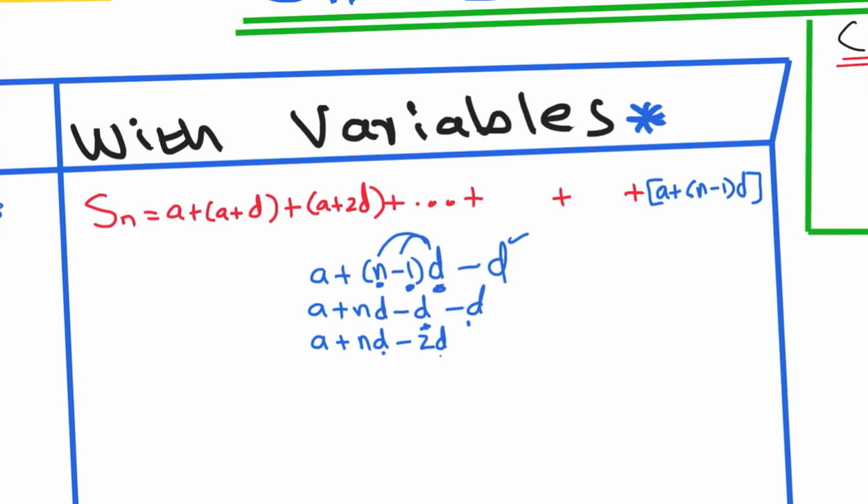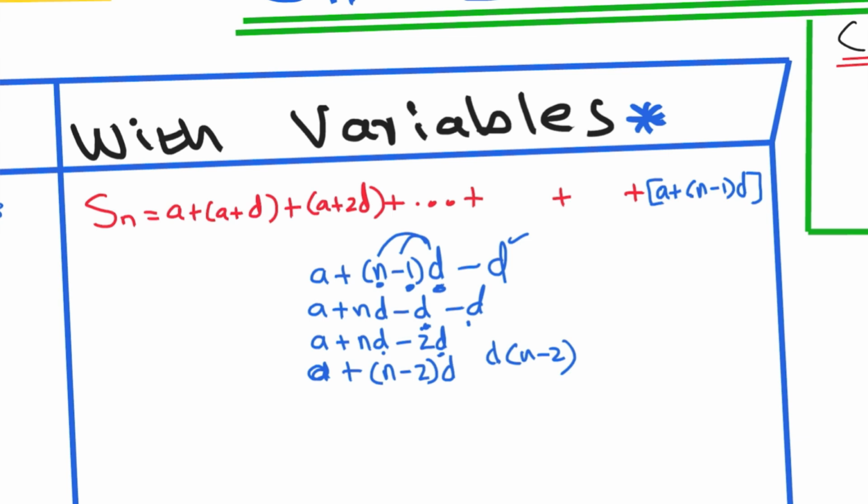And now D is a common factor. So I will have what? A plus, open bracket, n minus 2 into D, which is the same as D into n minus 2. Does that make sense? So after taking out D as a common factor, the D will be outside. Therefore, I will have n minus 2. That's where the n minus 2 comes from.